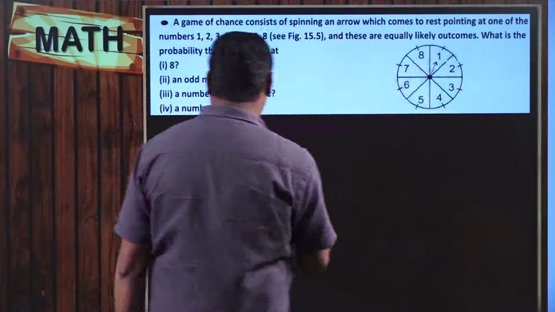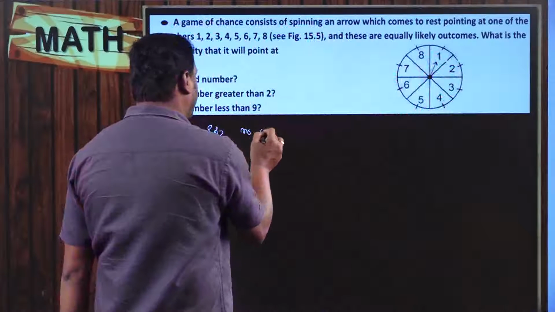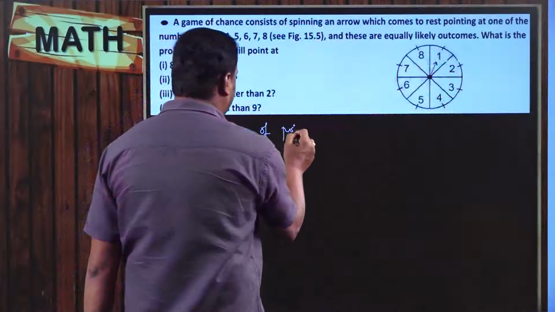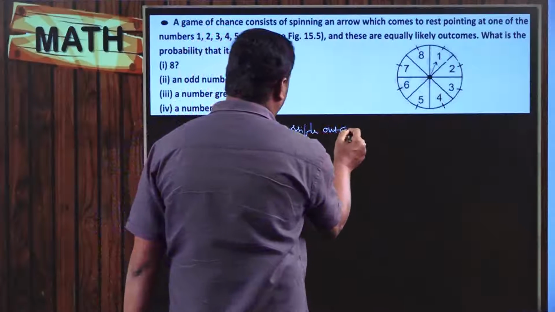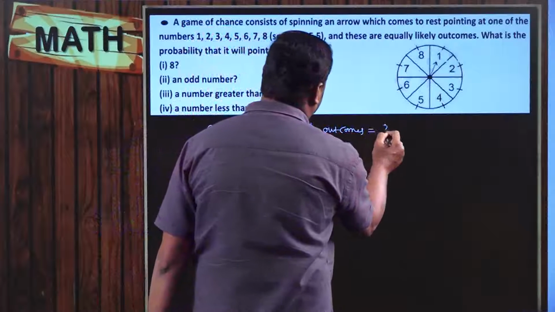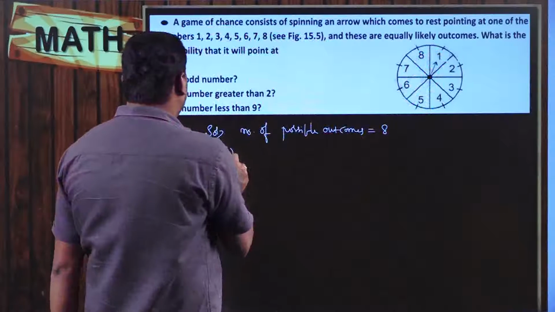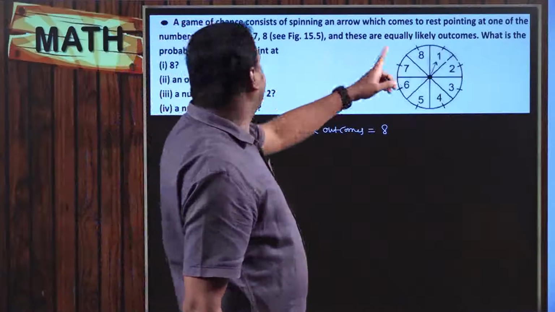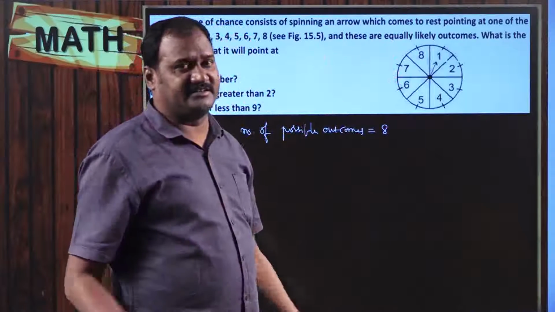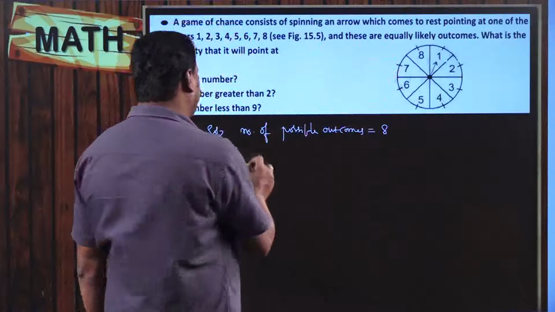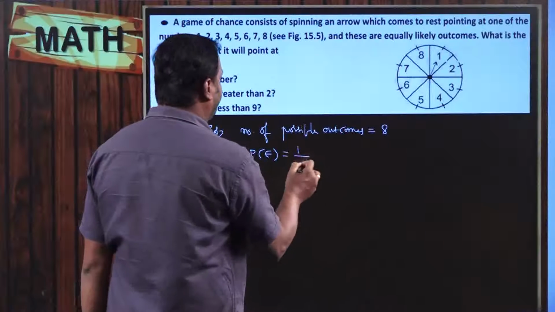There are 8 numbers, so the number of possible outcomes is equal to 8. Coming to the first one, how many 8s are there? There is only one 8. So the probability of the event is equal to 1 divided by 8.